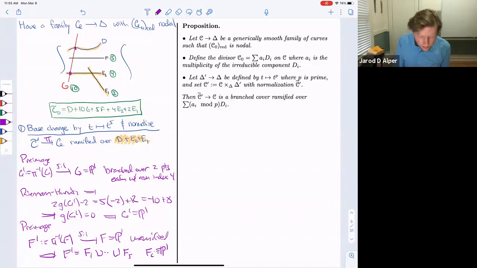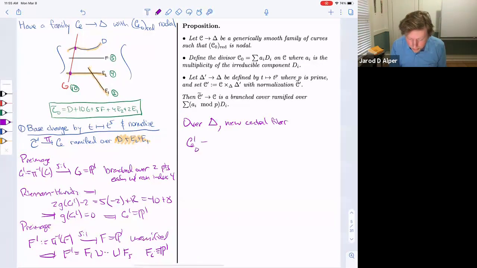Okay, but the reason we did this is because we're trying to decrease the multiplicities. So what happens now if you compute the new central fiber, let's do it over the original DVR, the new central fiber is C prime 0.